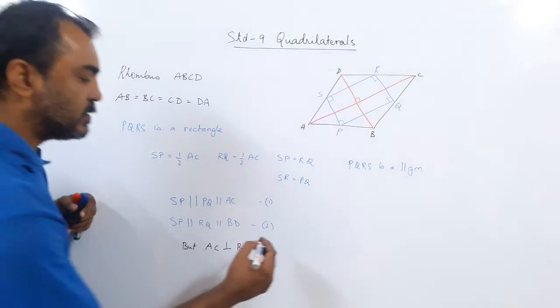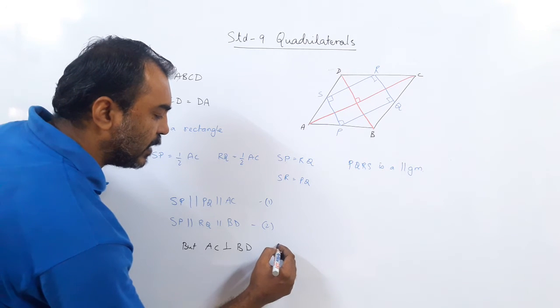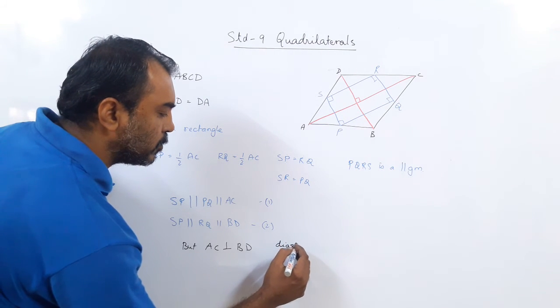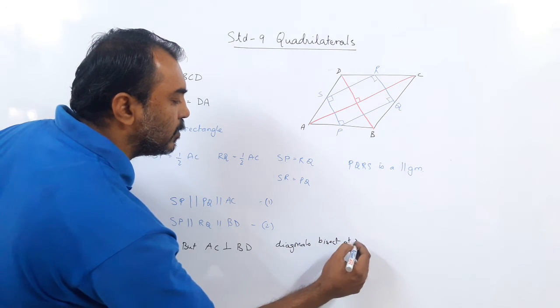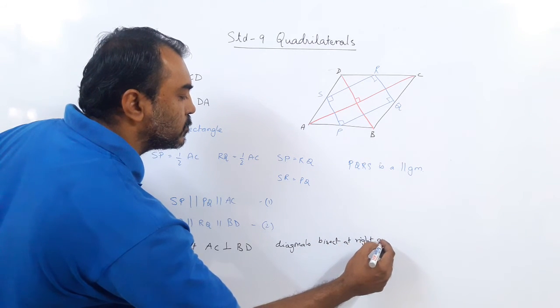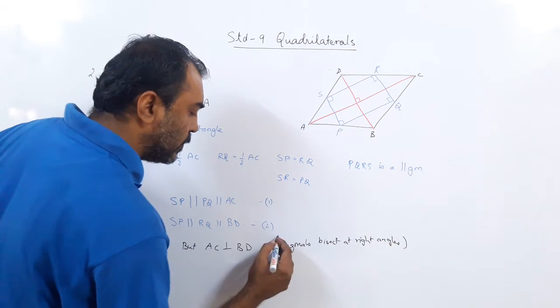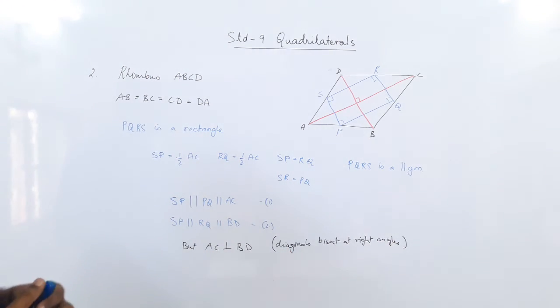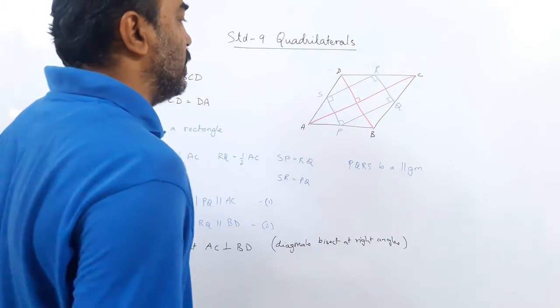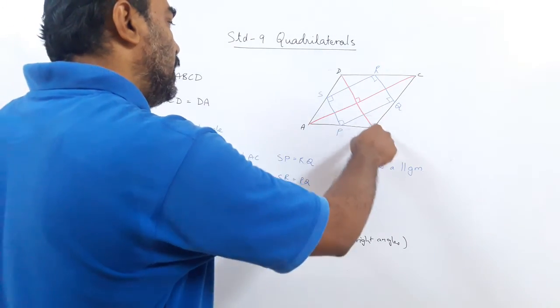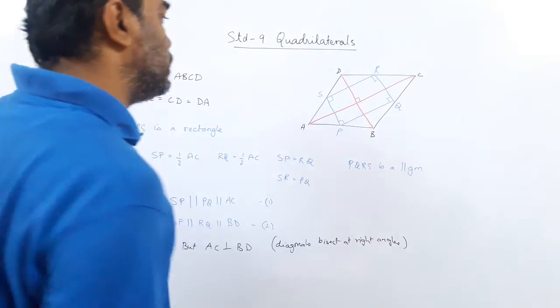Because in a rhombus, what do diagonals do? They bisect at right angles. I hope you remember. In a rhombus, the diagonals bisect at right angles. So, BD is perpendicular to AC.